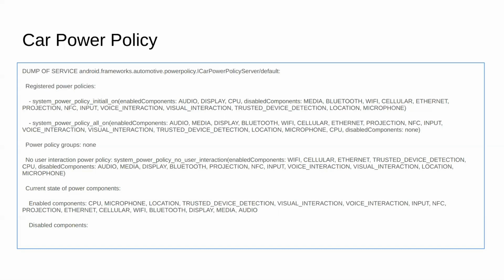So this is with respect to the car power policy. Can I go ahead to the next slide, or do we have any questions here? Nope, it's all good so far, I think. Okay.